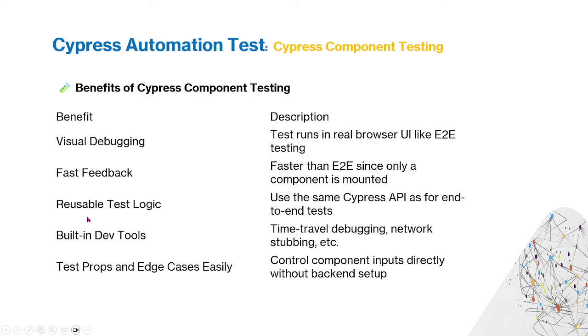Reusable test logic: use the same Cypress API as for end-to-end tests. Built-in dev tools, time travel debugging, network spying. Test props and edge cases easily. Control component imports directly without backend setup.